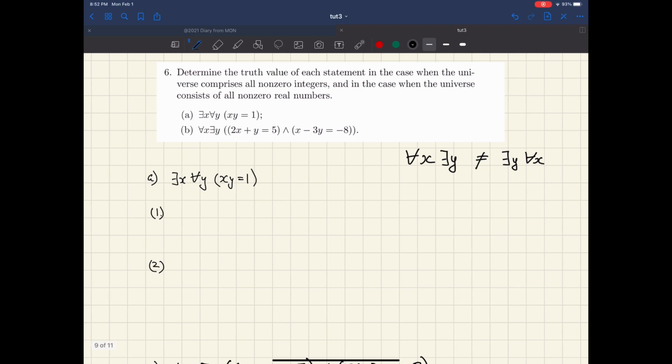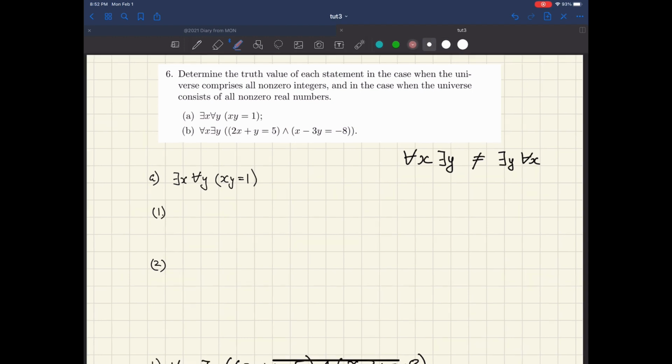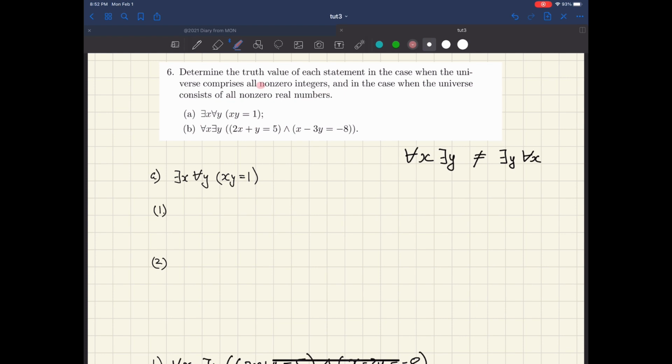Moving on to question 6, we have determine the truth value of each statement in the case when the universe comprises of all non-zero integers, and in the case when the universe consists of all non-zero real numbers. Now here we have two questions.